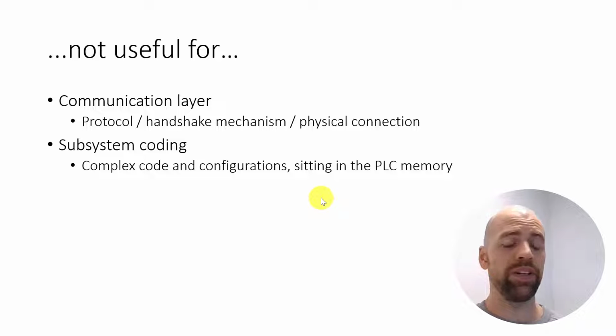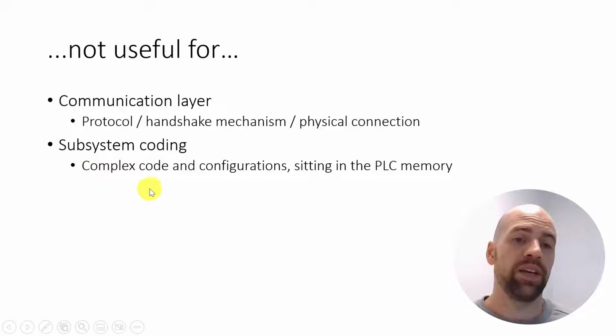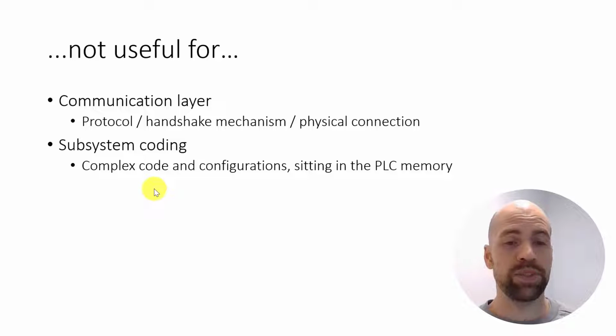And most importantly, you need to be aware that the subsystem, that's the second point here, has also a complex set of code and configuration which is sitting in the PLC memory. So when you send a telegram to the subsystem, it's not like obviously activating this motor or this sensor. There's complex logic sitting on the PLC. There is coding in the same way as there's coding in EWM. There are a lot of configurations, and you're skipping all this stuff when you're simply testing with the emulation in EWM.